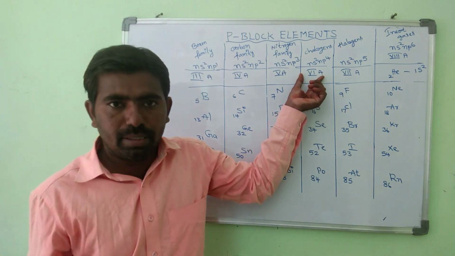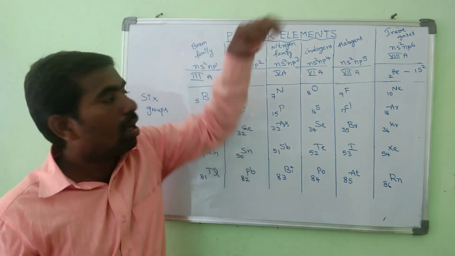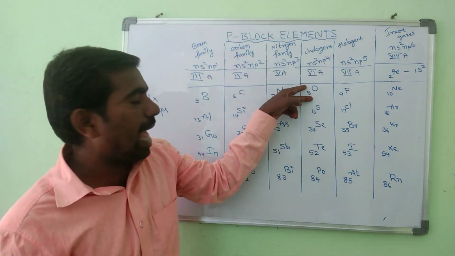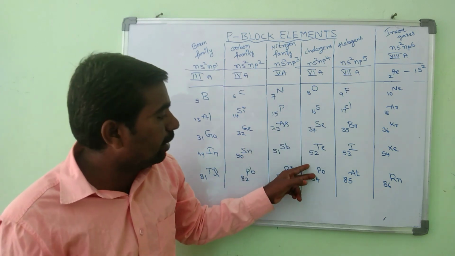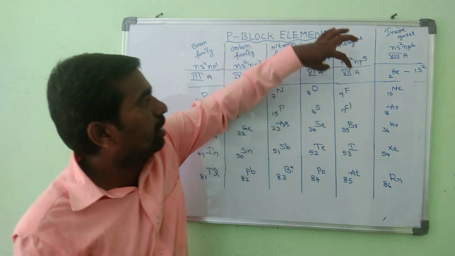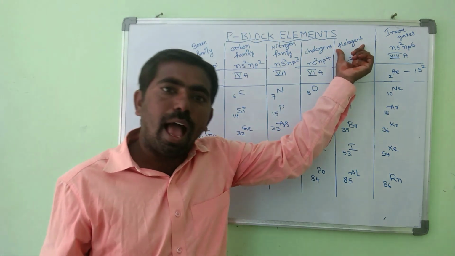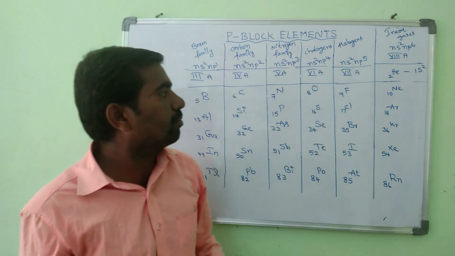6th A group elements are generally called chalcogens. Outer electronic configuration is ns2np4. Elements: oxygen, sulfur, selenium, tellurium and polonium. And 7th A group elements are also called halogens. Outer electronic configuration is ns2np5.